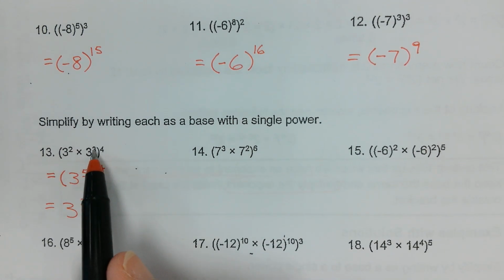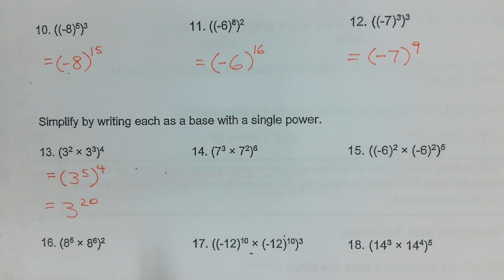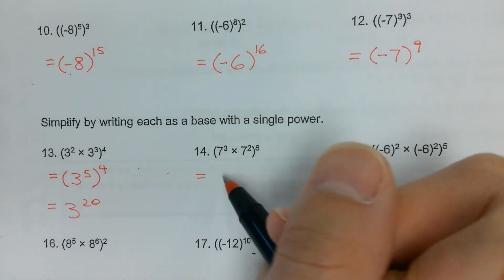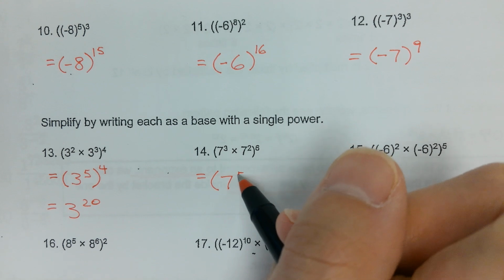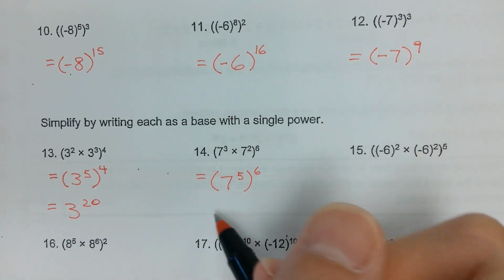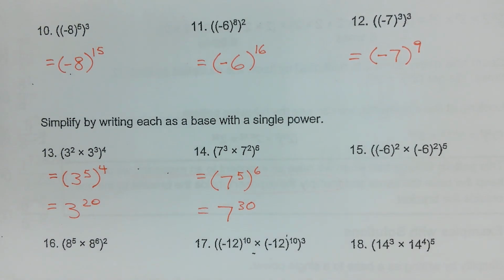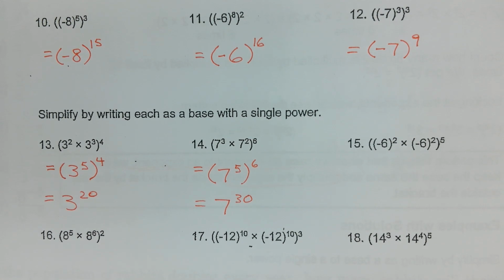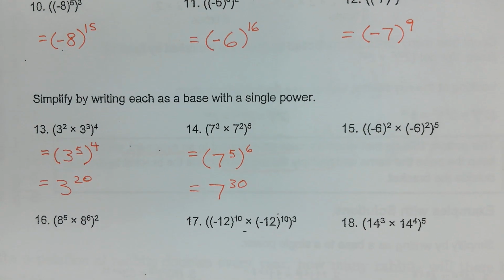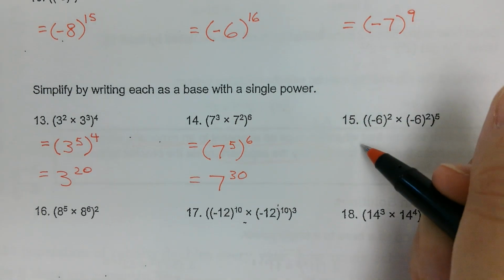So again, you add the exponents first before you multiply by the outside exponent. Okay, Mohini? 7 to the power of 5 to 6. Good. And then 7 to 3. Yep, perfect. Okay, Sophia, 15.